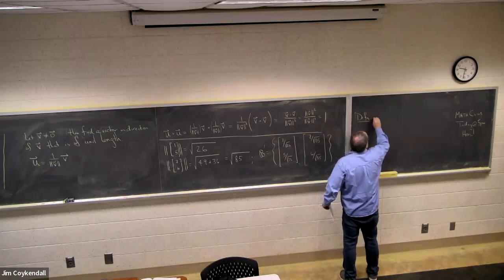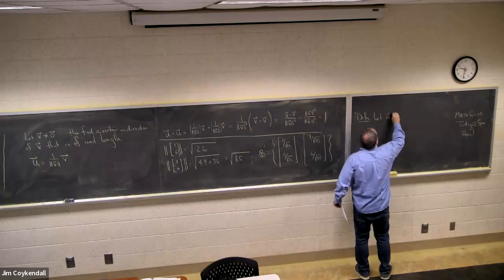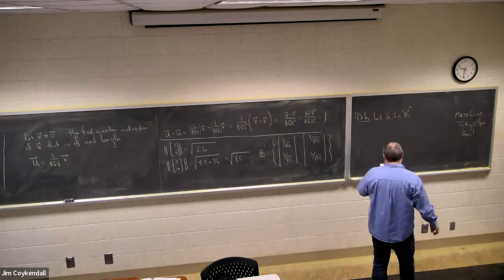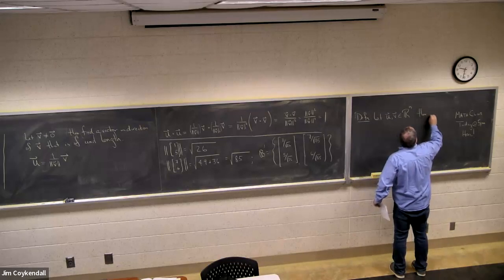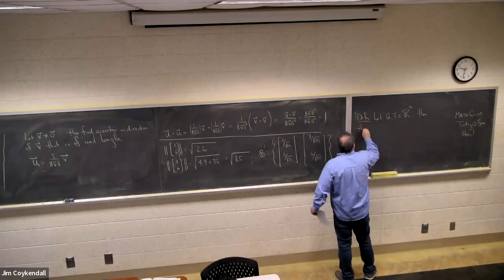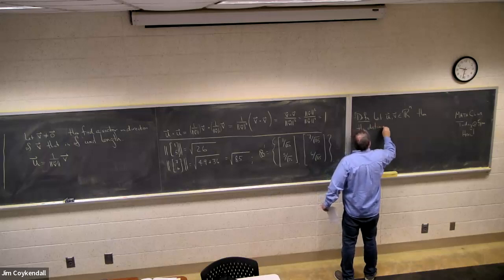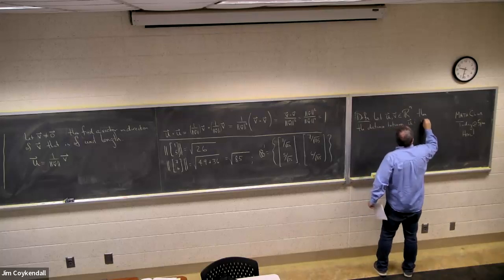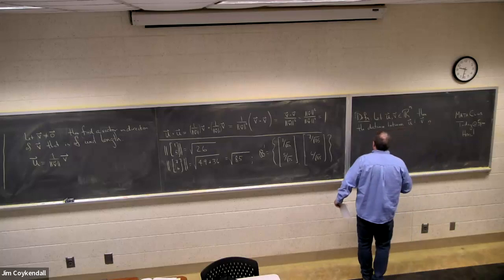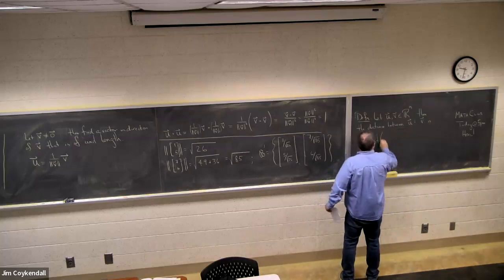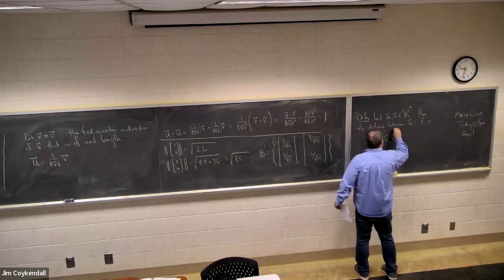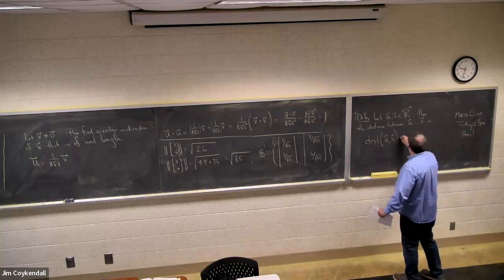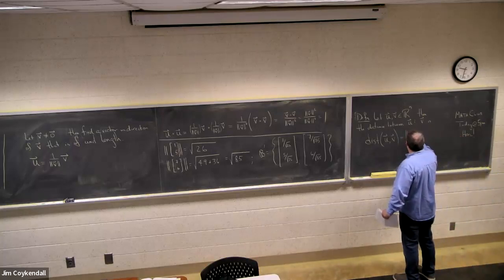Definition: let U and V be vectors in R^n, then the distance between U and V, which I will write as dist(U, V), is just the length of U minus V.